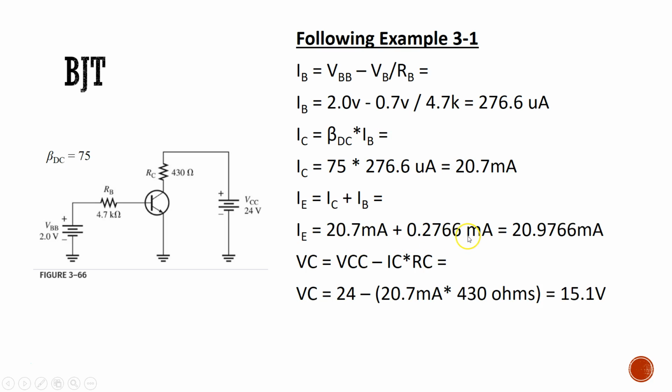So we add those two together, making sure to convert to the same units or enter them properly in your calculator. For VC, we have VCC minus IC times RC. So we take our IC that we calculated above times the value given for the resistor. And we can determine here that the collector voltage is 15.1 volts.